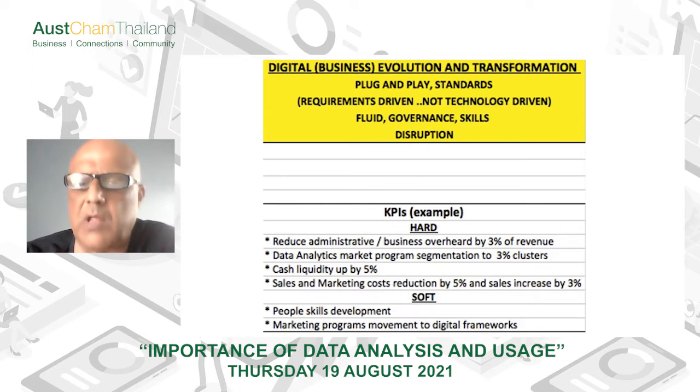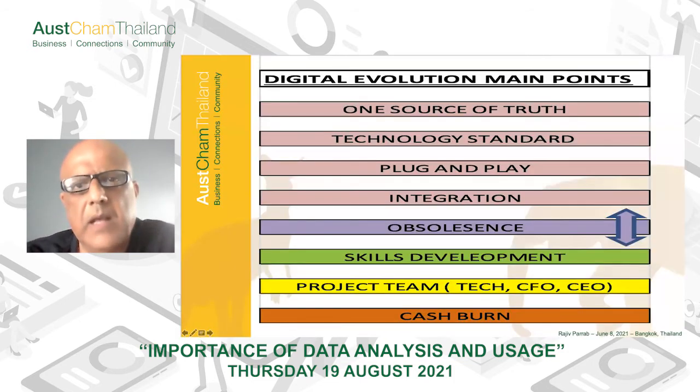And how do we do that? By using different technologies and, again, integrating it into a cohesive workflow. And then the last two are soft skills, for example, people skills development, and then moving marketing programs more to digital frameworks. So, one of the very simple things, for example, on a website: if you look at the traffic analysis, if you find that something's not working, you can change it fairly easily and fairly quickly. So in summary, we showed you the chart last time.